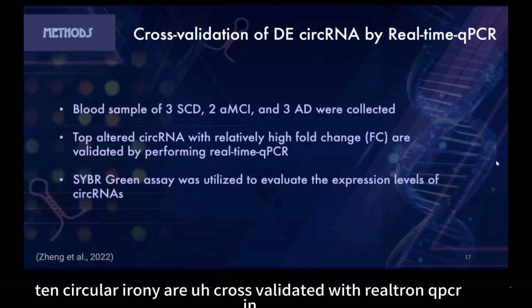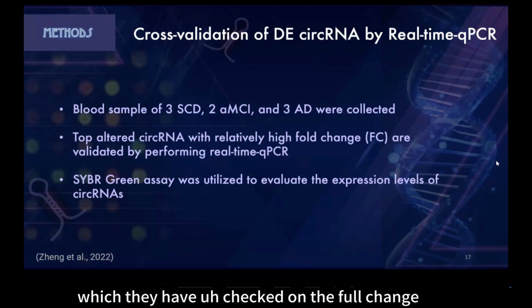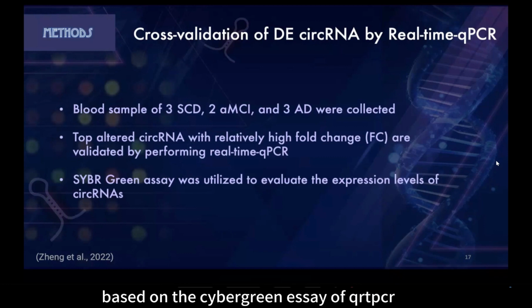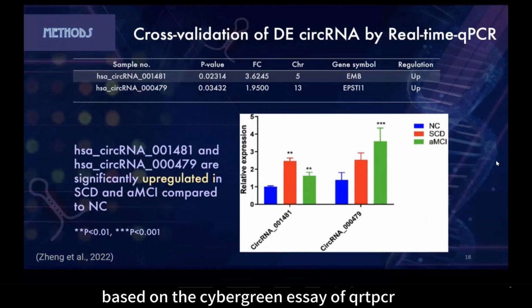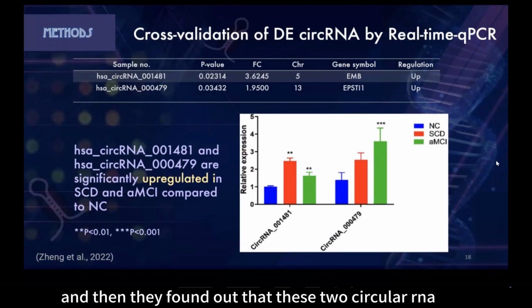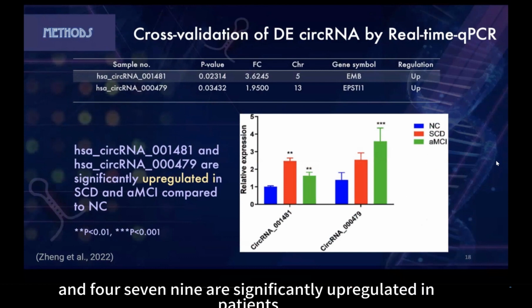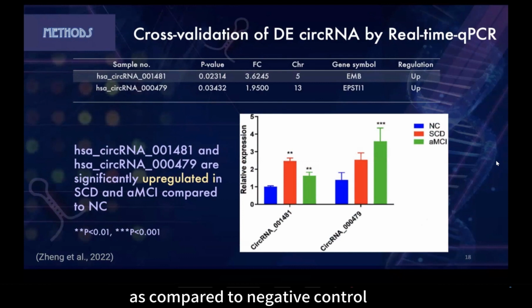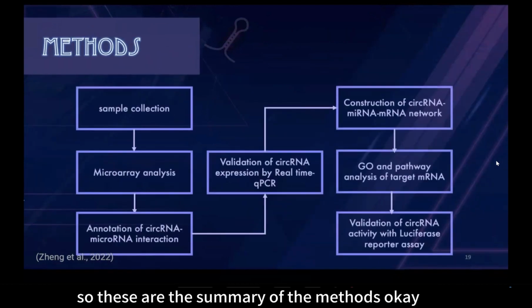So these 10 circular RNA are cross-validated with real-time qPCR, in which they have checked the fold change based on the SYBR Green assay of qRT-PCR. And then they found out that these two circular RNA, which are 1481 and 479, are significantly upregulated in patients as compared to negative control. So this is the summary of the methods.